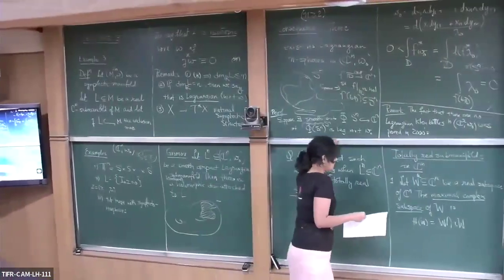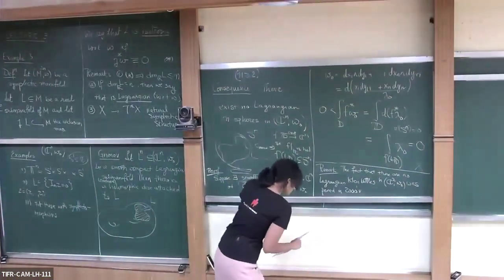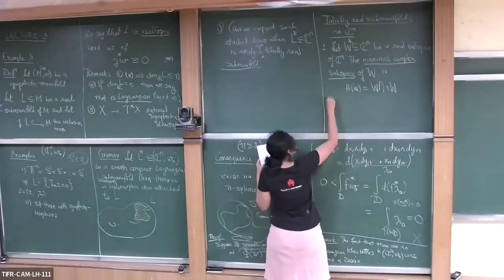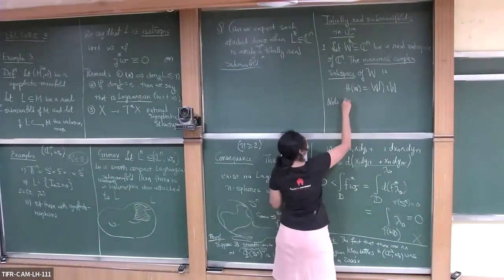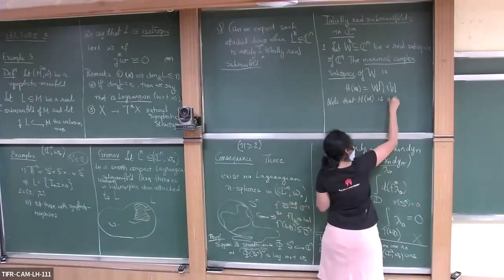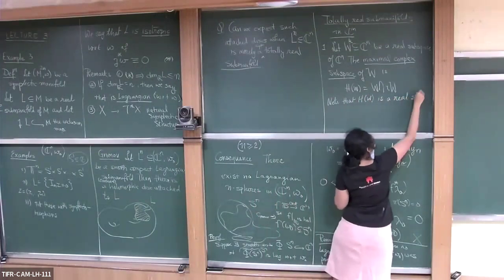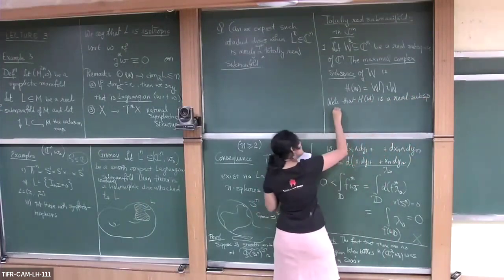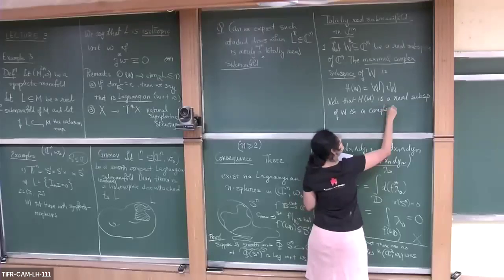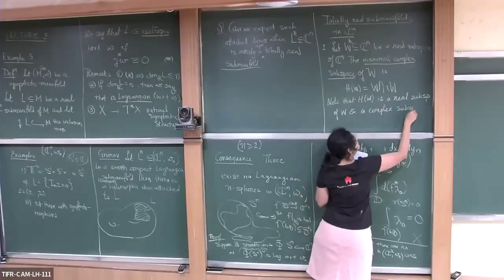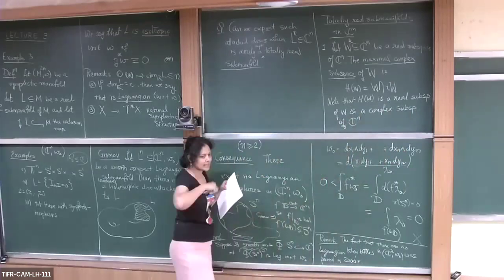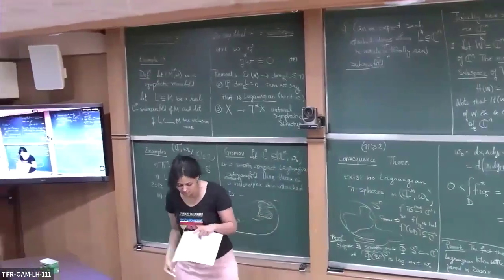So let's do a little bit of dimensional analysis here. Note that HW is a real subspace of W itself and a complex subspace of Cn. Because it's a complex subspace, I can talk about its complex dimension.